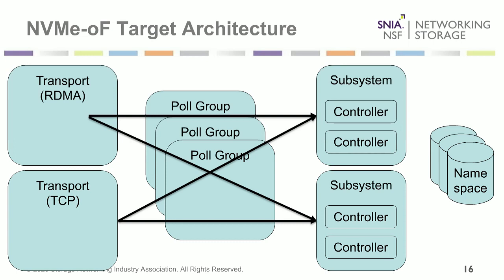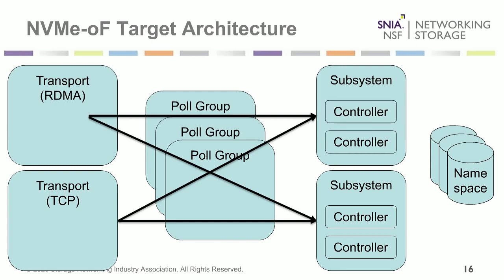So when I say target, I mean the server side. The other term I'm going to use is host, and that is in the NVMe over Fabric specification, and that means the client, which I know for networking people is the exact opposite meaning of what you would expect. But this is coming from people who are building PCIe devices and plugging them into a host system, right? So the host is the client.